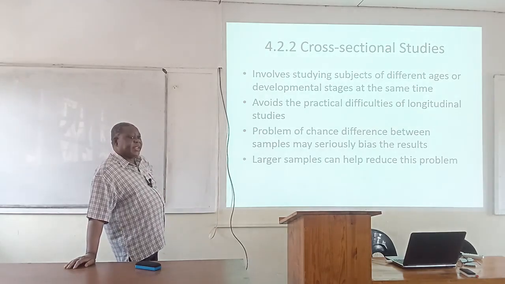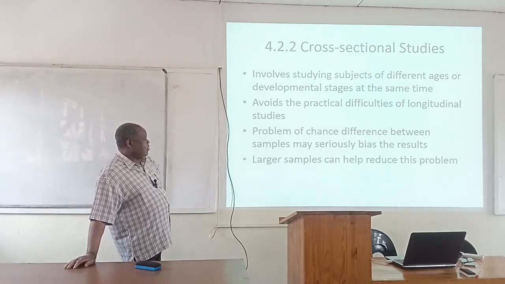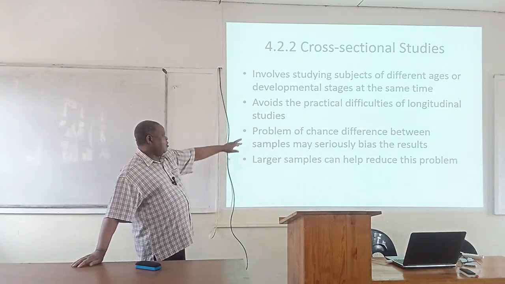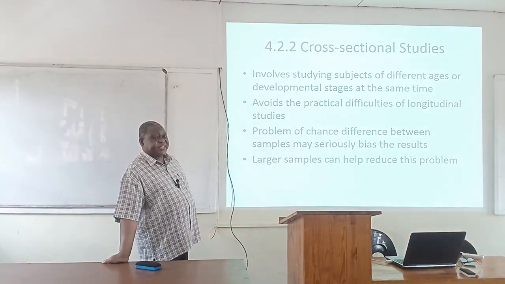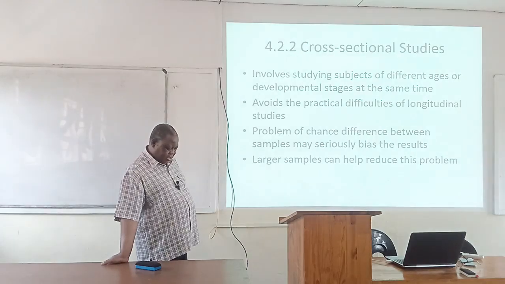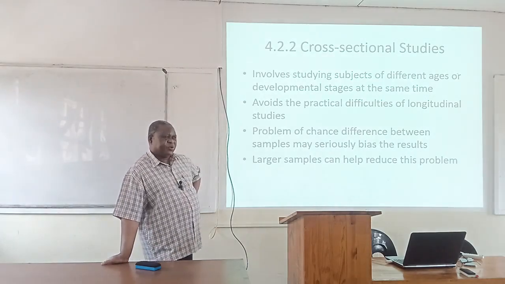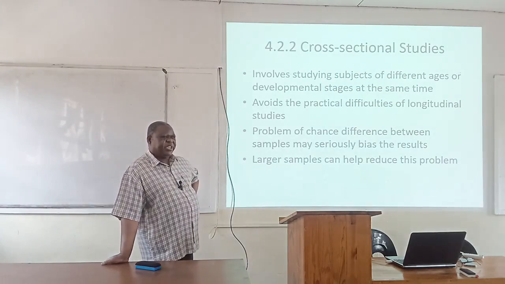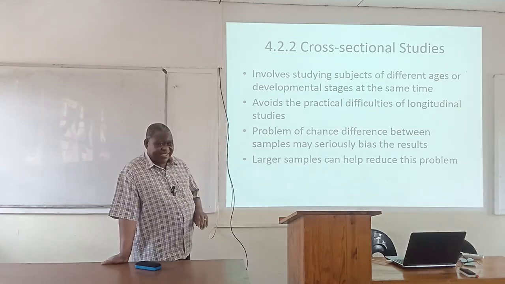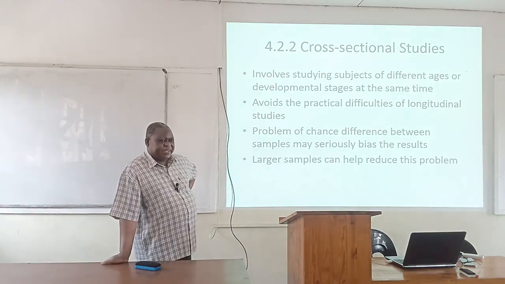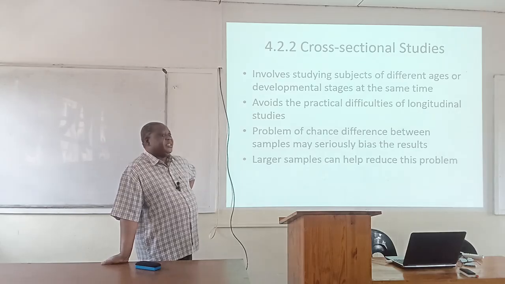But cross-sectional studies have a major problem, and that is the problem of chance differences. If you pick grade 1 students and you pick grade 4 students, should we assume that if all these students were in the same class, their ability would have been the same? It's very possible that the grade 4s were higher achievers than the grade 1s.